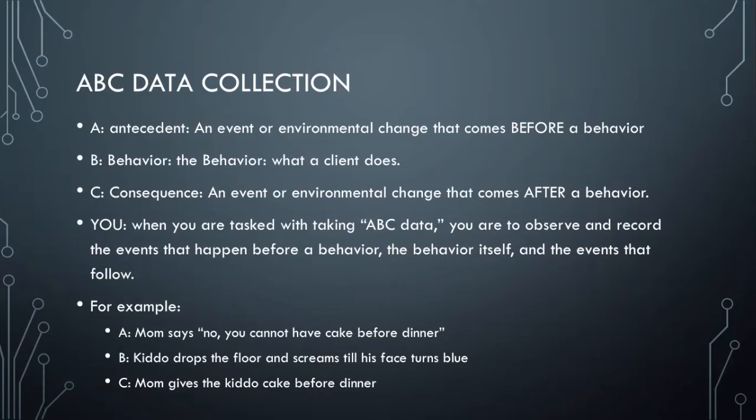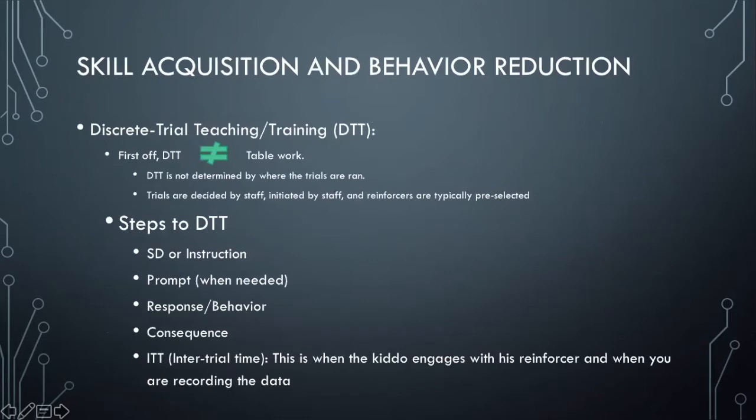That was the consequence, right? So you, as the observer, are just writing this down. Mom said no to cake. And then the kid started screaming till he turned blue. And then all of a sudden the mom gave him cake. That's literally all you're doing in an ABC assessment. Cool? It's basically just writing a story of what you see happening right in front of your face.